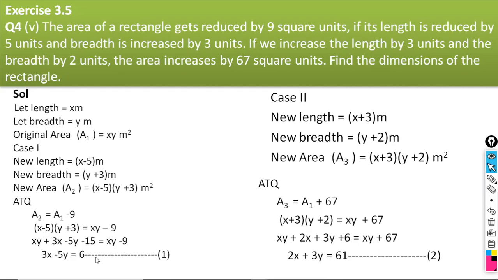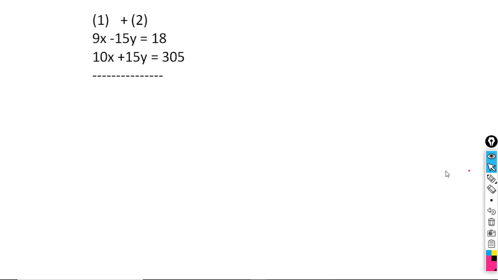So we multiply the first equation by 3 and the second equation by 5, and then we perform addition. In the next step, we add these two equations. After adding the equations, we are able to find the value of x. 15y cancelled, we get 19x is equal to 323, so x is equal to 17.